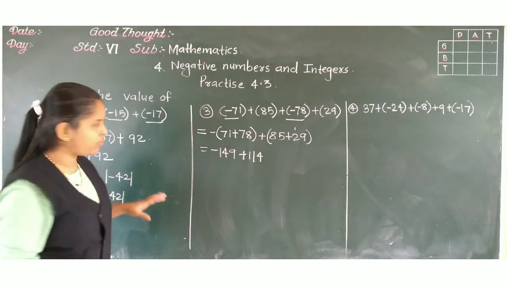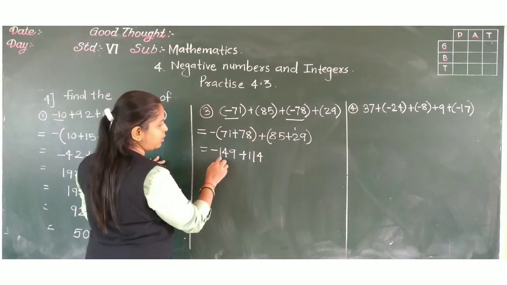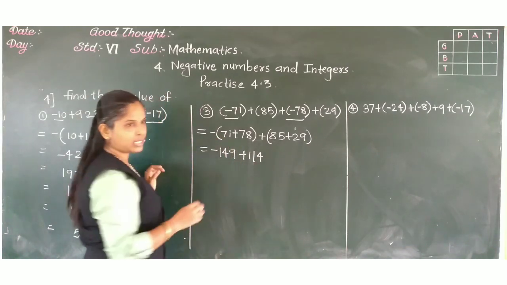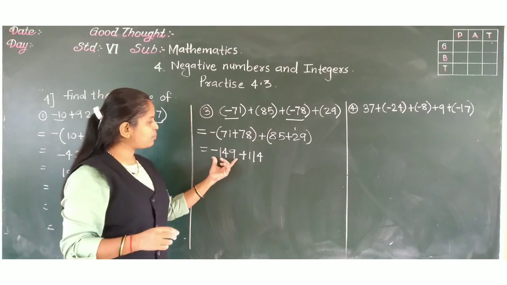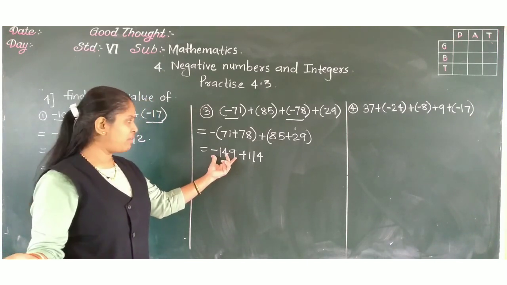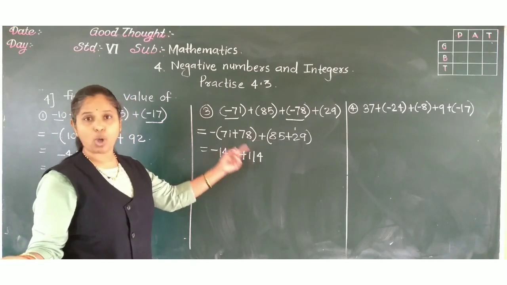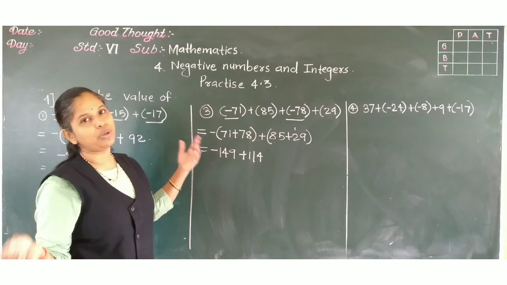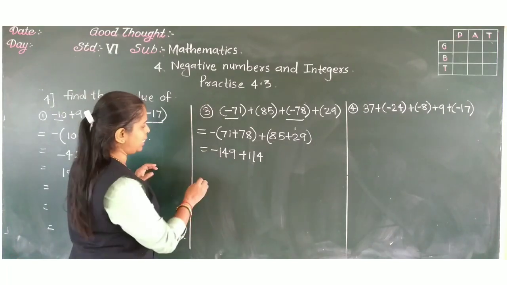Both have different signs, so take absolute values. Here 149's absolute value will be greater than this. Now you know the absolute value of minus 149 is plus 149, and 149 is greater than this. So our answer will be negative, because the negative number's absolute value here is greater.